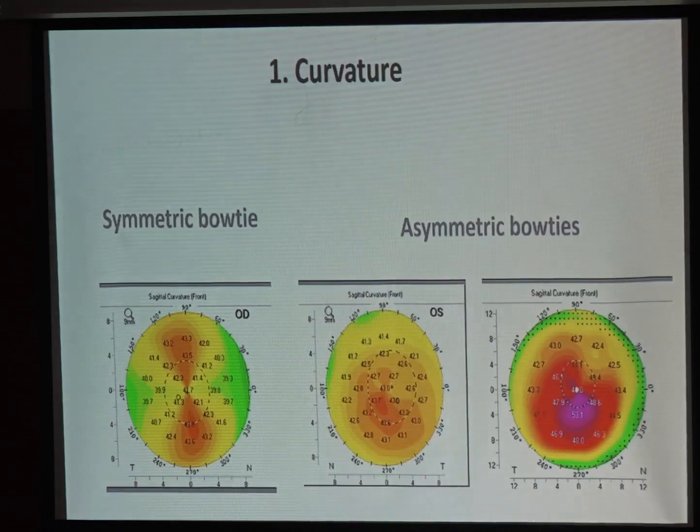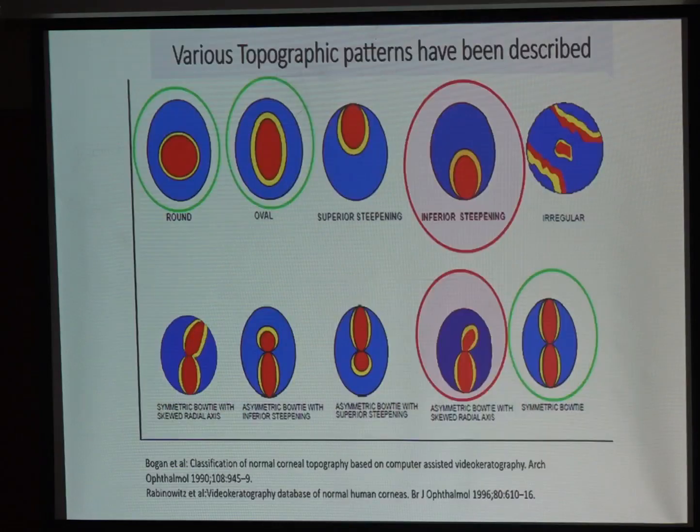The cornea can have different shapes. I mean, the anterior curvature can be different. For example, on the left you see the extremely symmetric bow tie, and on the other two sides you see an asymmetric bow tie of different variations. One is less steep, the other is more steep. While we say that elevation is important, it is not that we can rule out topography.